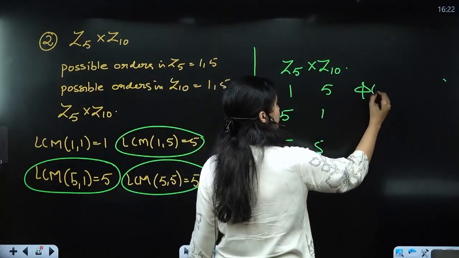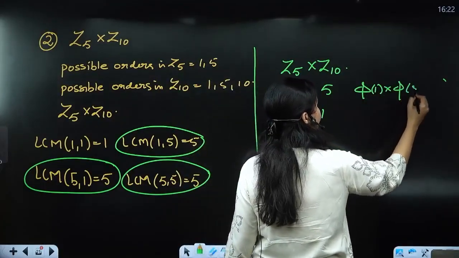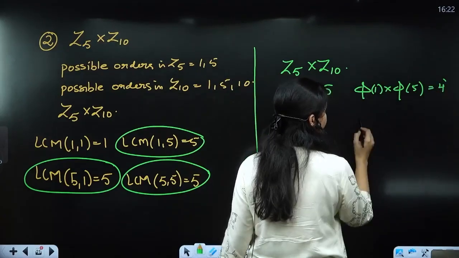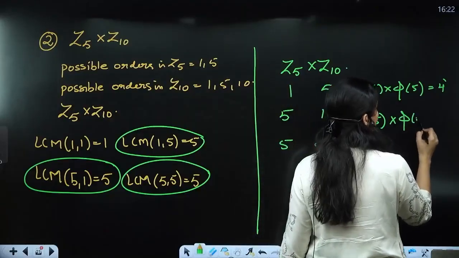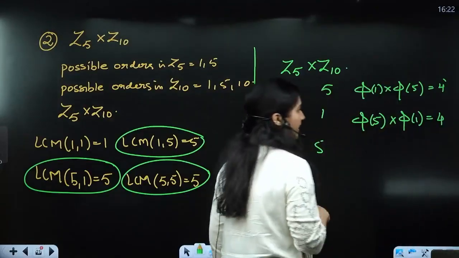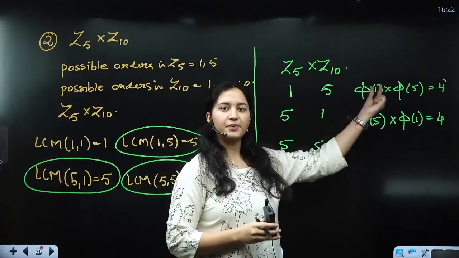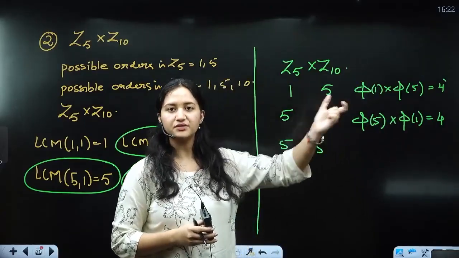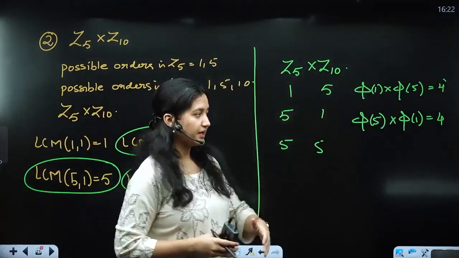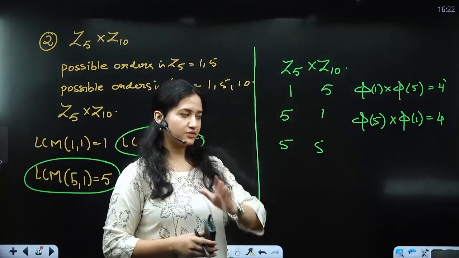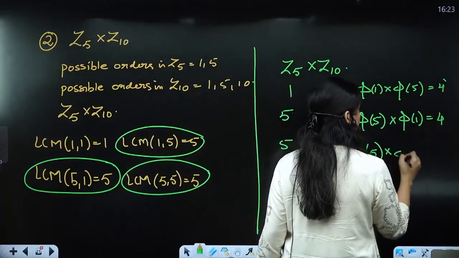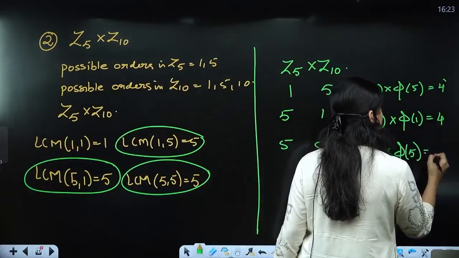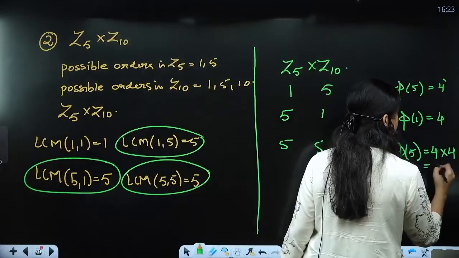So this is phi of 1 into phi of 5, that is going to be 4. Phi of 5 into phi of 1, that is again going to be 4. I hope यहाँ पे 4 समझ में आ रहा है. 5 raised to the power 1 minus 5 raised to the power 0, that is 5 minus 1, that is going to be 4. So this is phi of 5 into phi of 5, so this is 4 into 4, that is 16.